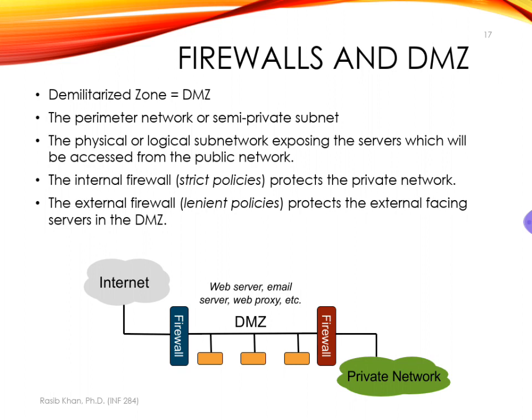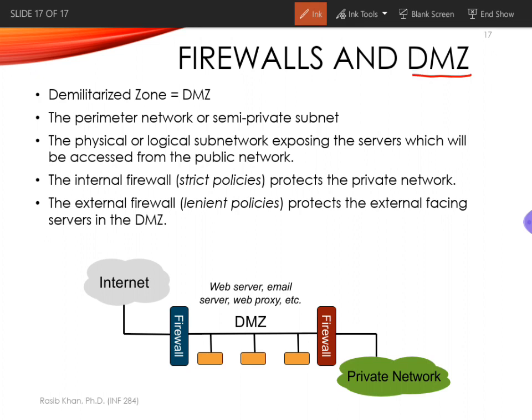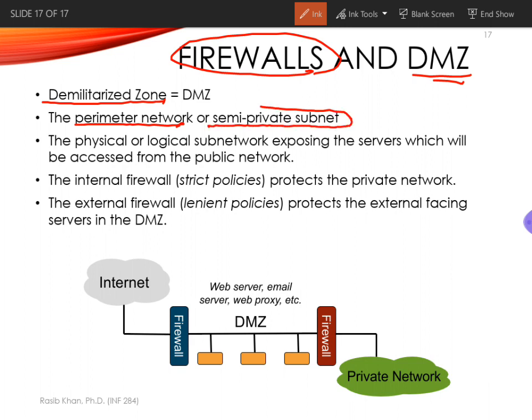Another thing very related to firewalls is something that we call DMZ. The DMZ is short for demilitarized zone, and it is a setup that is used as a standard with a combination of firewalls and multiple servers in the network. So we call a DMZ the perimeter network or a semi-private subnet. So what is a semi-private subnet?